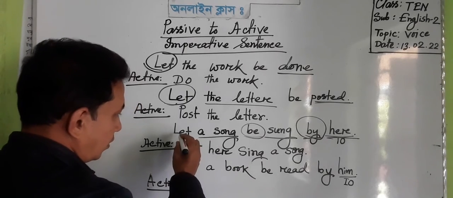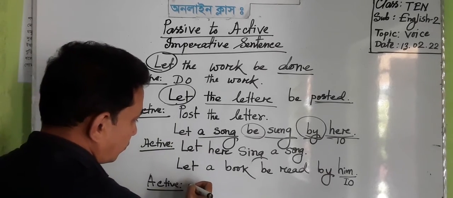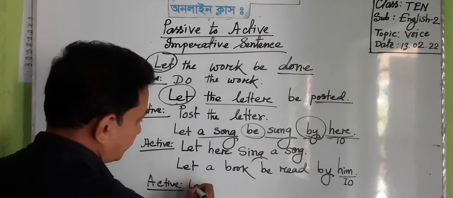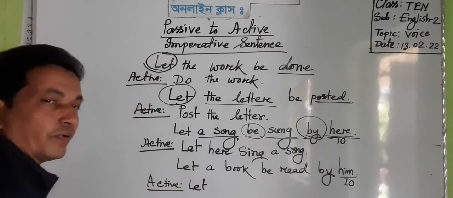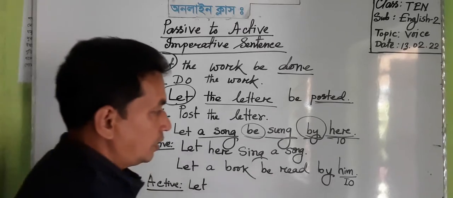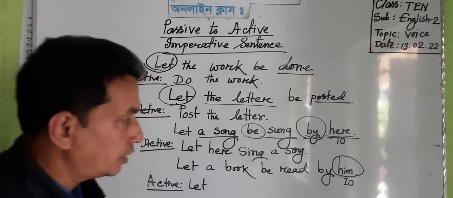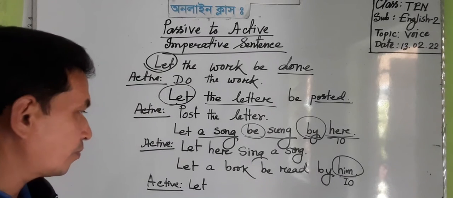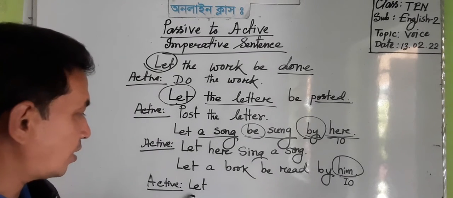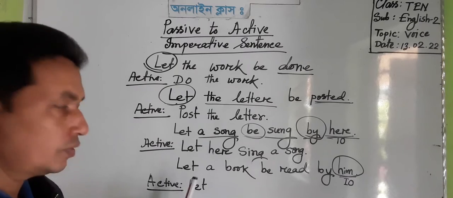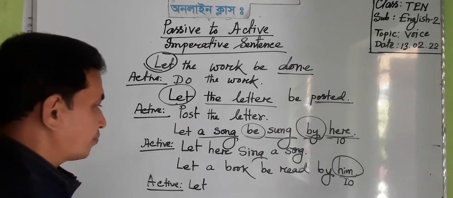In the above sentence we wrote let. We have to write let because there is an indirect object. That's why we have to start the active voice with let. Let.